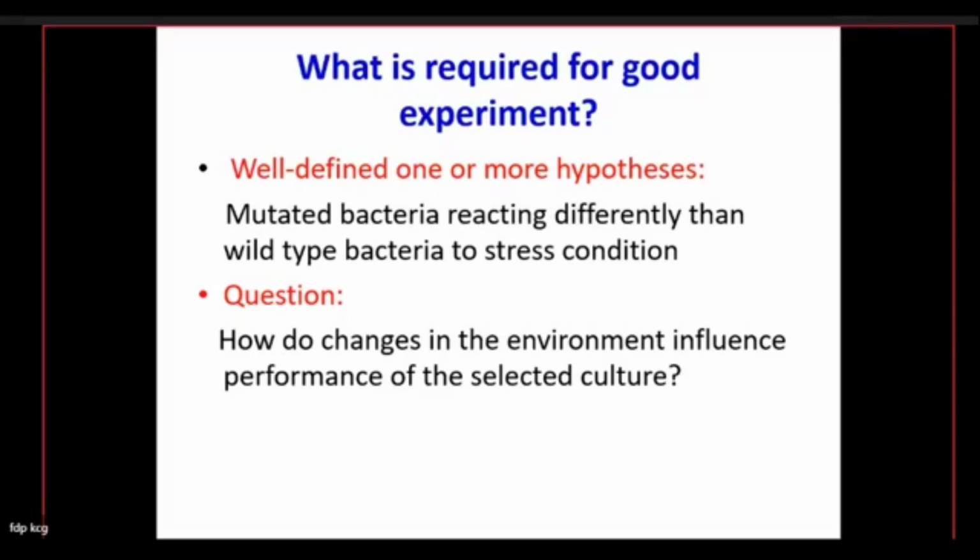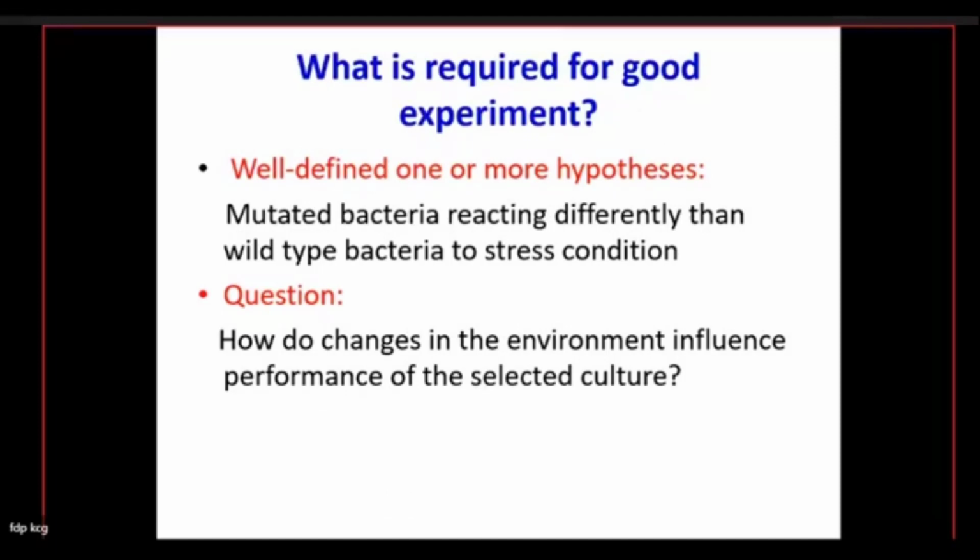For example: do mutated bacteria react differently than wild type bacteria to stress conditions? When I study a wild type organism and a mutated organism, take yesterday's news: in the UK, a new strain of the COVID virus has developed, and they have an increasing number of COVID patients with that new mutant strain.